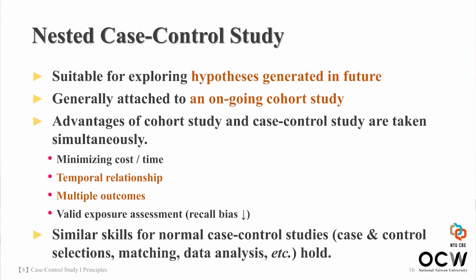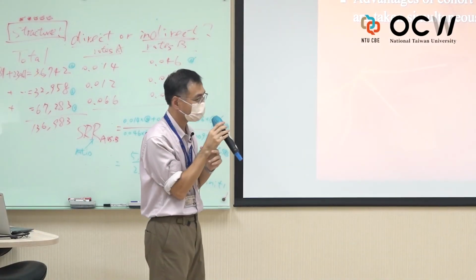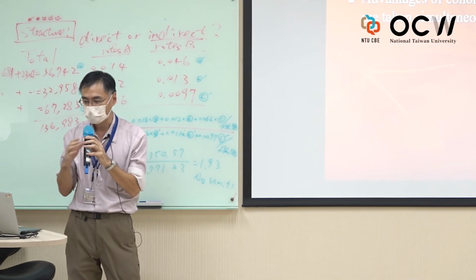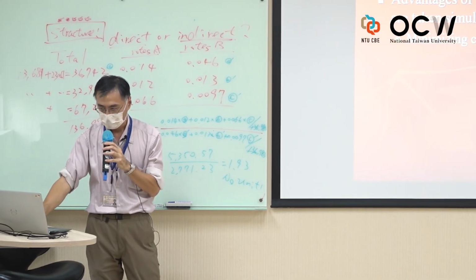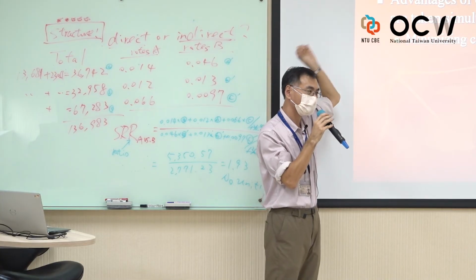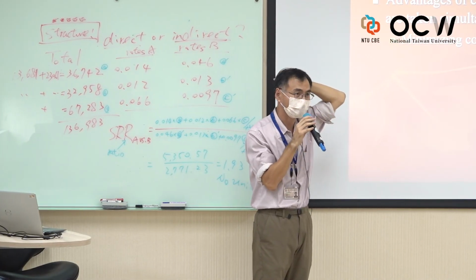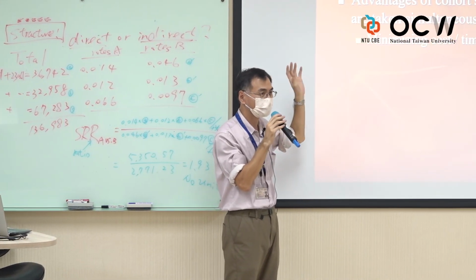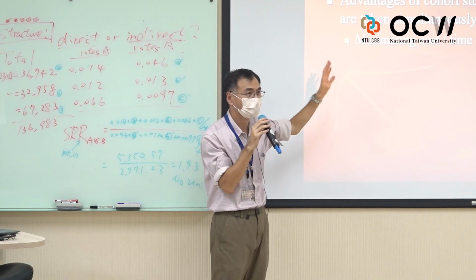Although it's a case control study, it could be prospective. And that's why it could take the advantages of both cohort study and case control study simultaneously. And also we could minimize the cost and time. Sometimes the lab work might be very expensive, right? But we don't need to do the examination for every single member of the cohort.